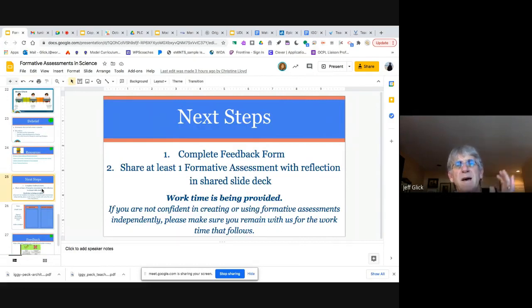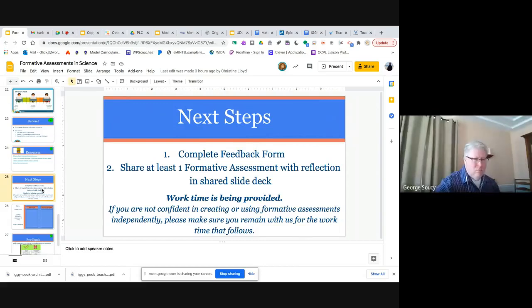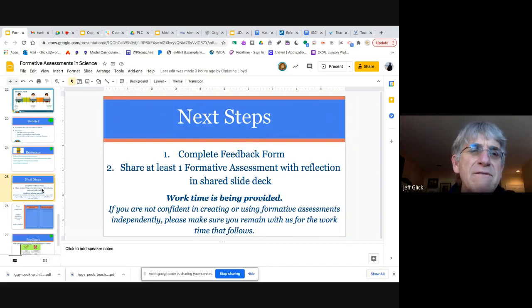So next steps, and this is going to be pretty much an optional thing. I know that someone, I think it was Gina, said that there was a meeting, but we're all going to hopefully complete the feedback form, which I'll show you in just a minute. If you would like to get the PDPs for this, what we were hoping is that you would share one formative assessment with us.